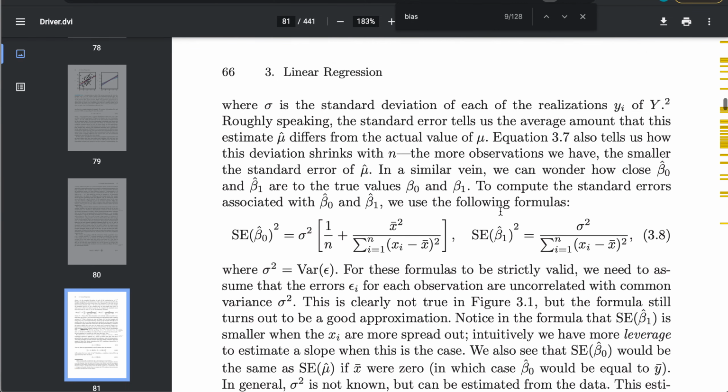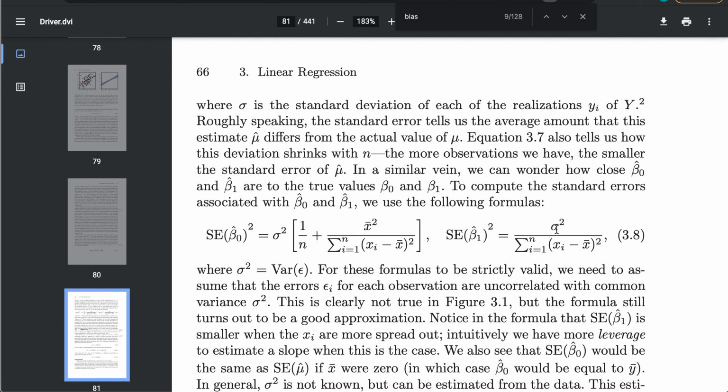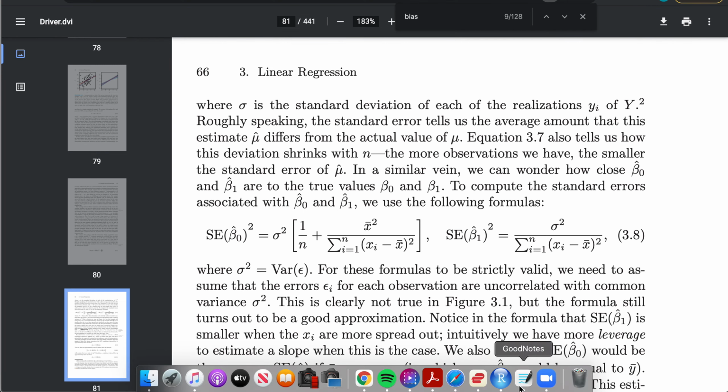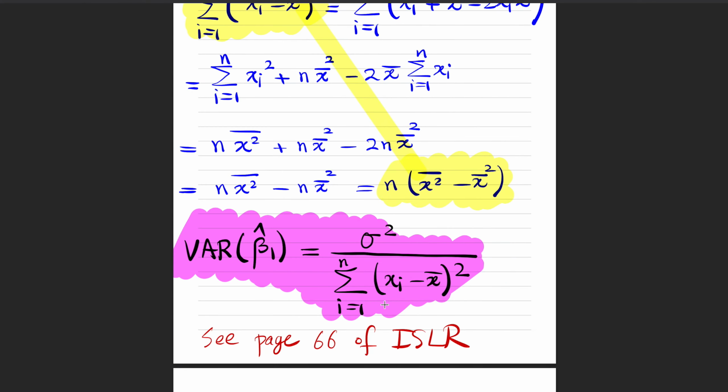Okay, so these are formulas that you probably have seen before in introductory stat courses. Now you know where they're coming from. The standard error of beta 1 hat squared is just sigma squared over the sum of xi minus x bar squared. And that's what we had here. It's the same thing.